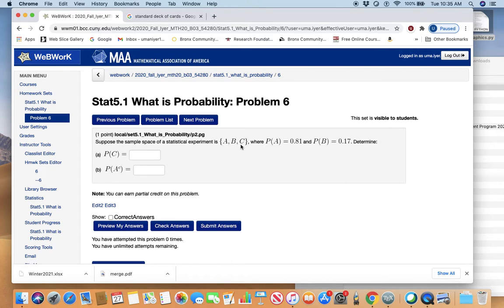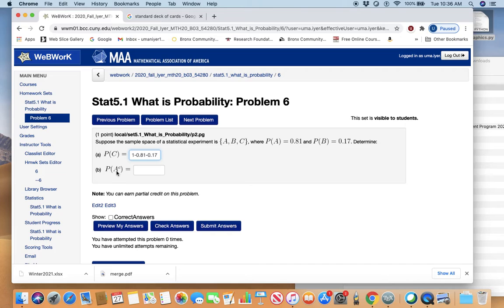So I don't have C, but I have A. So from 1, I remove probability of A and I remove probability of B. So take away this, that gets you C. So from 100%, which is 1, take away probability of A, take away probability of B. All right.